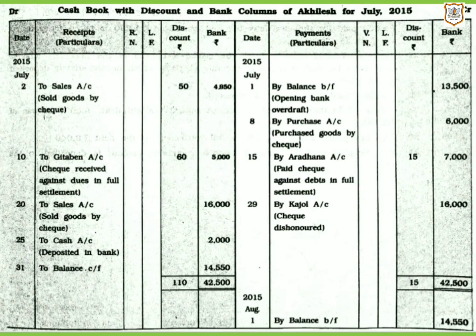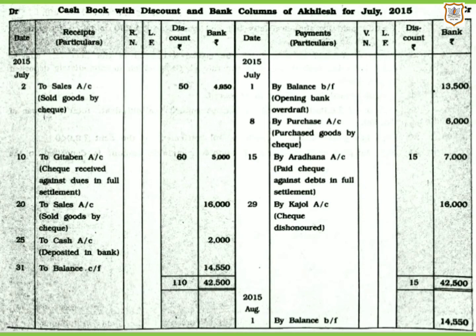In this type of cash book, bank column and discount column are kept. When the payment is made through check and the discount is received, or when the amount is received by check and the discount is allowed, to record such discount and bank transactions, bank and discount columnar cash book is prepared.